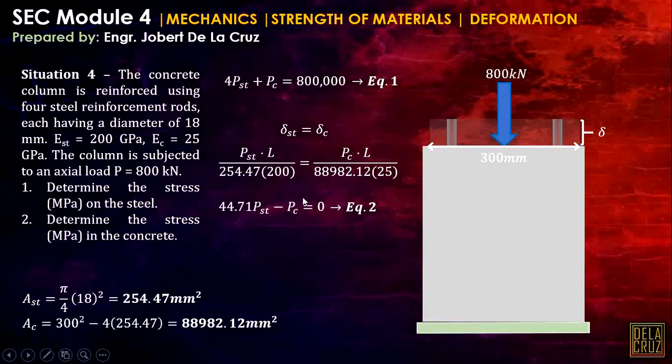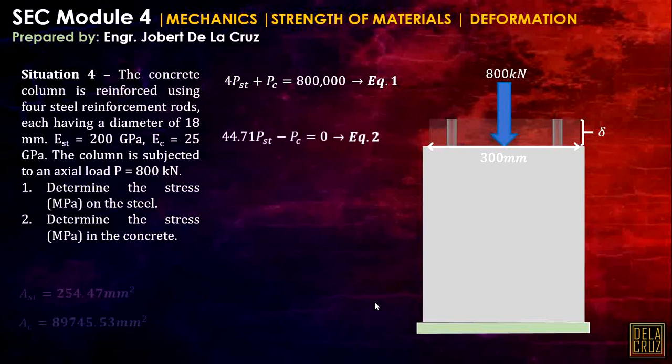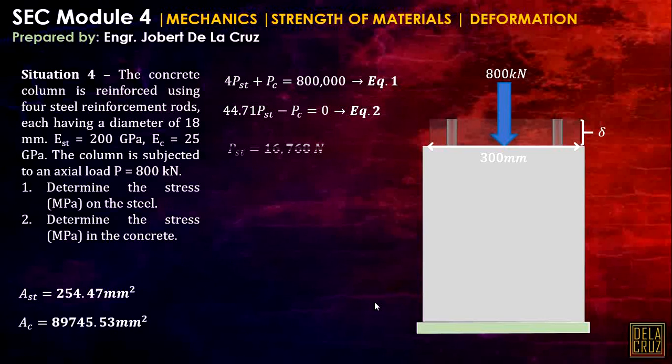By this, using your calculator, 2 equations, 2 unknowns, we will have these values of PST and PC, in newtons.